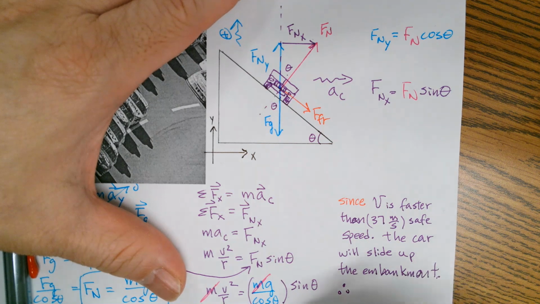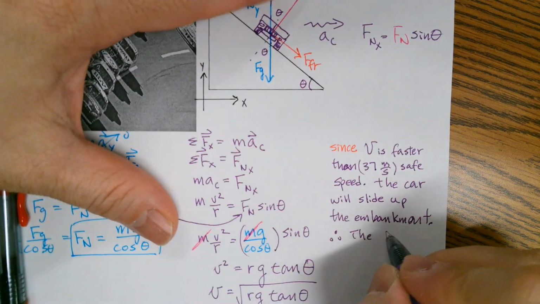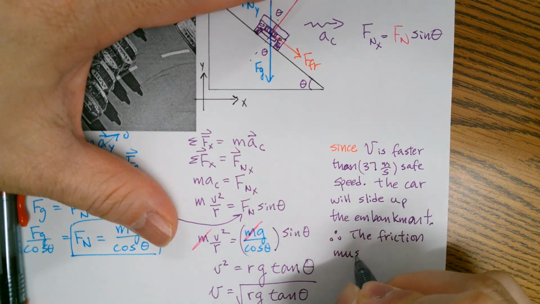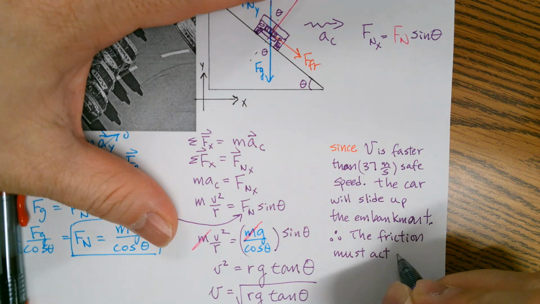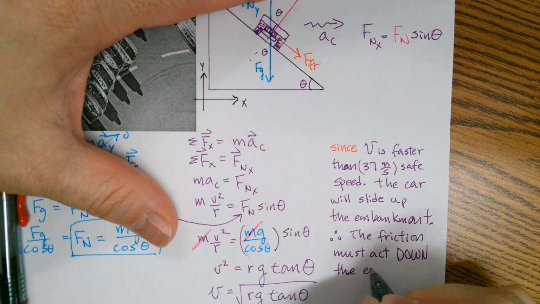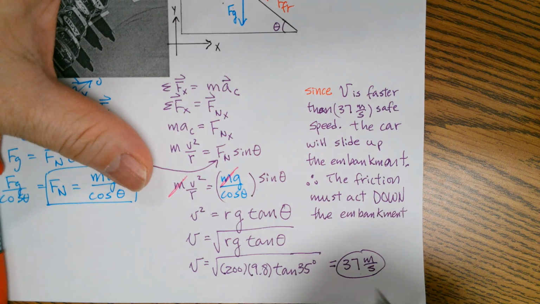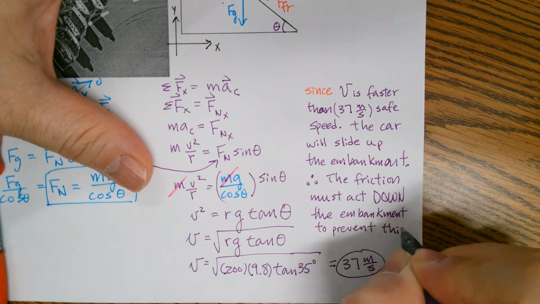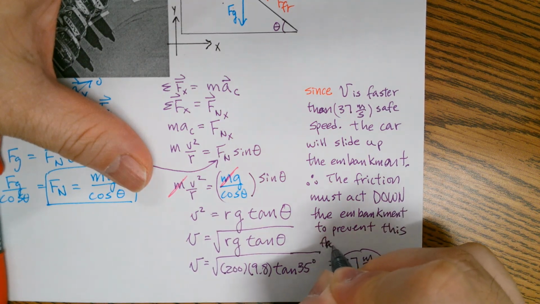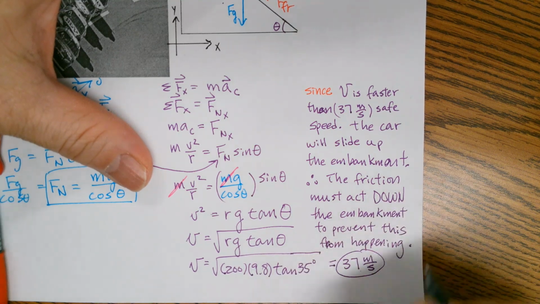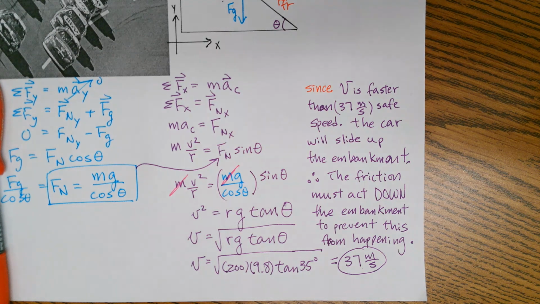Therefore, the friction must act down the embankment to prevent this from happening. Voilà. Nous avons fini. Oui.